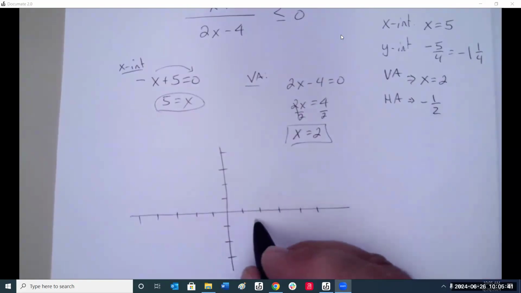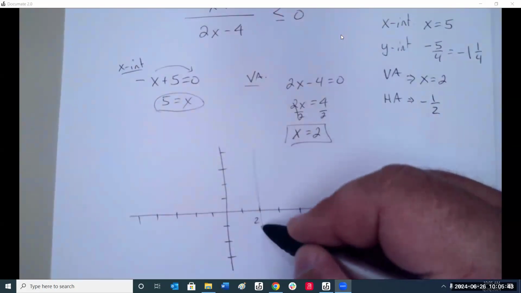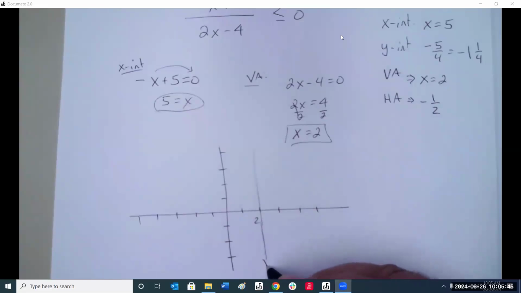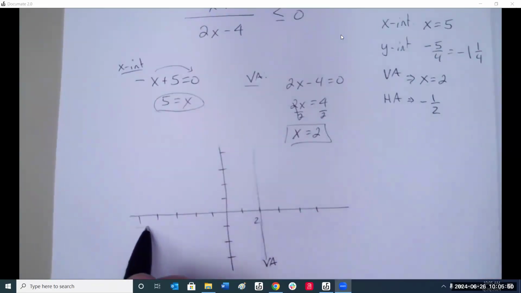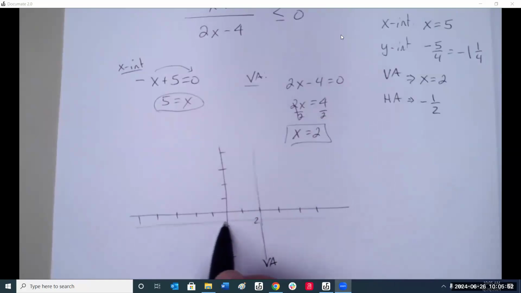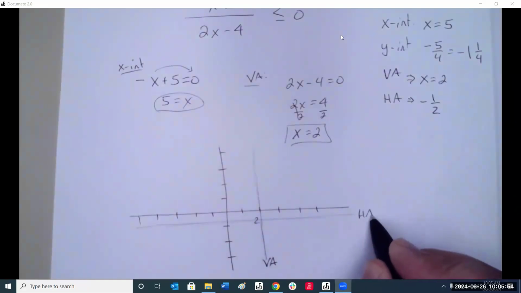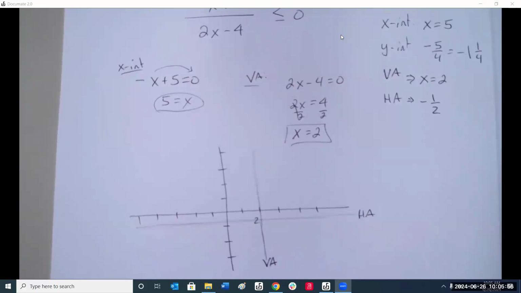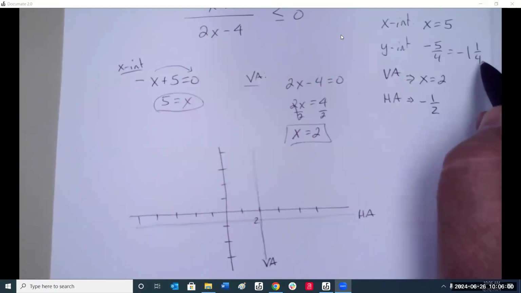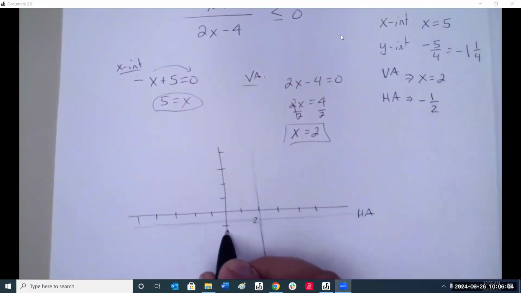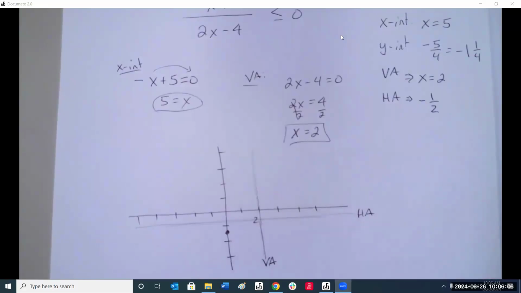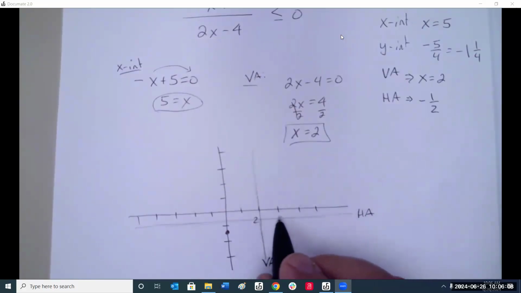The vertical asymptote is at 2. Horizontal asymptote is at -1/2. The y-intercept is at -1 1/4. And the x-intercept is at 5.